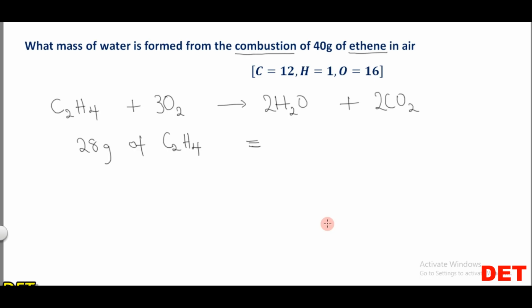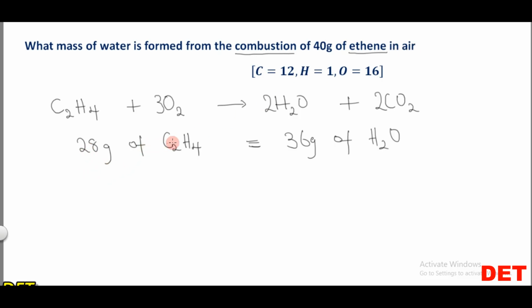All right. So 28 grams of ethene will give us 36 grams of water, of H2O. The question is, what mass of water is formed from the combustion of 40 grams of ethene in air?